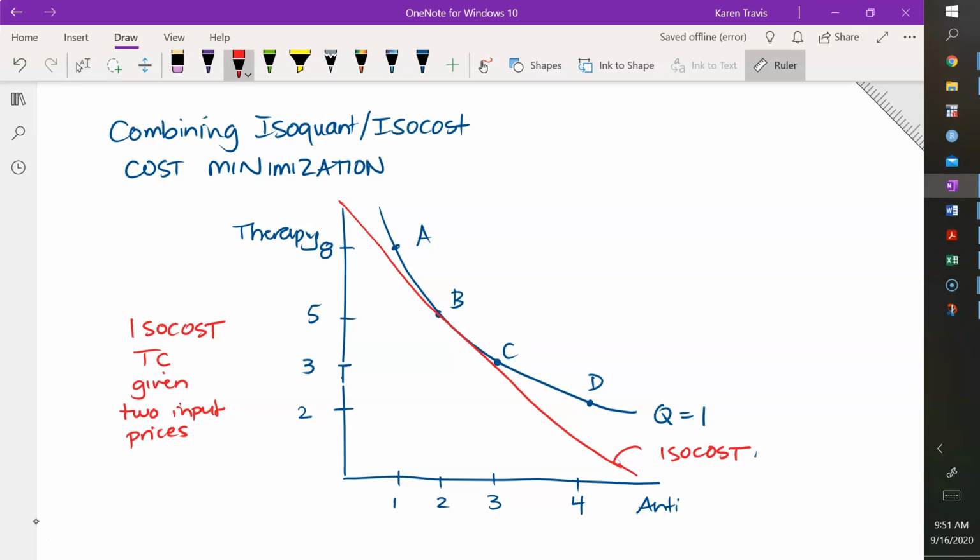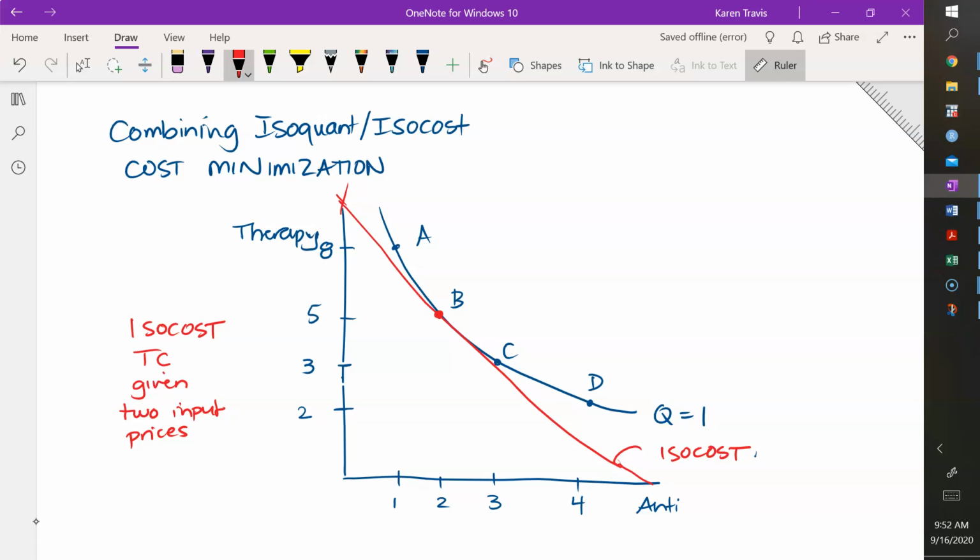If this represents my isocost, then I can see that point B is the only method that I'm able to produce the patient with that level of total cost. All the other choices on the isoquant are outside the boundary of the isocost.